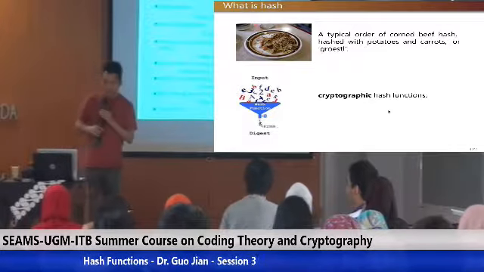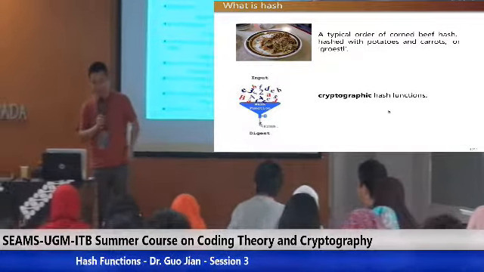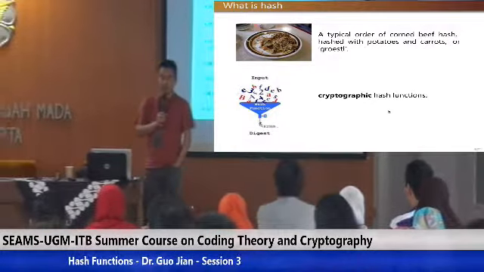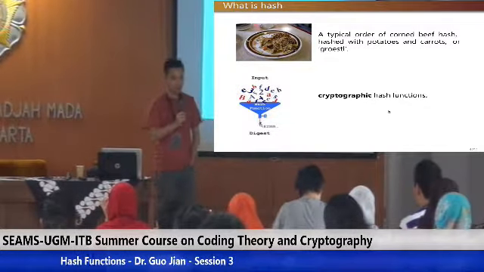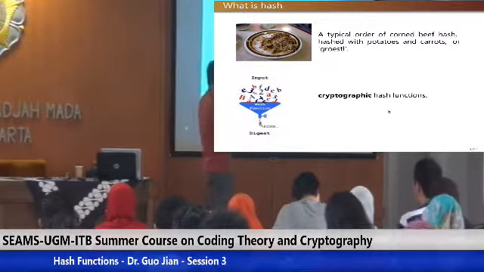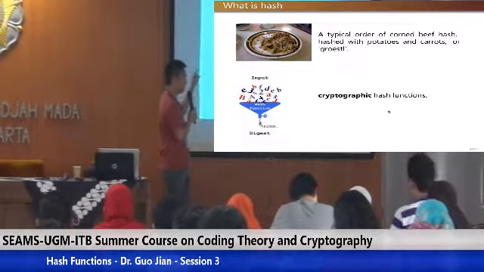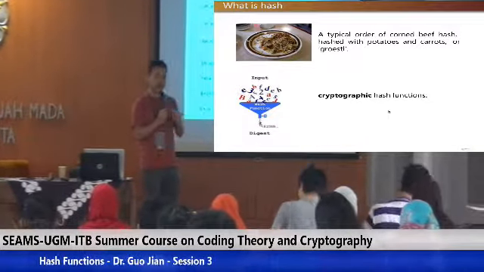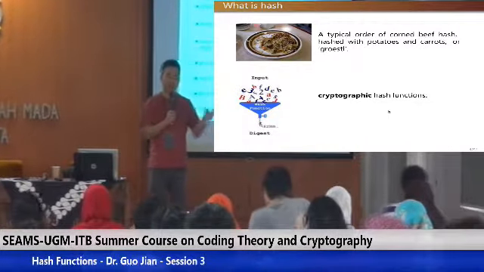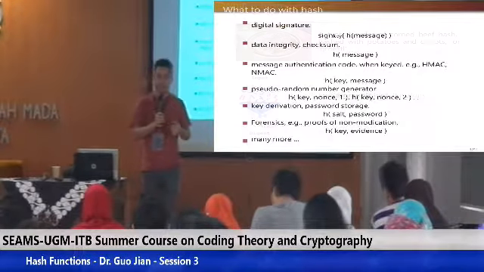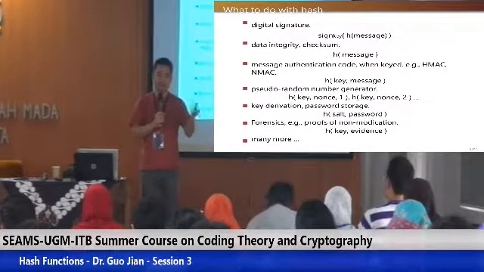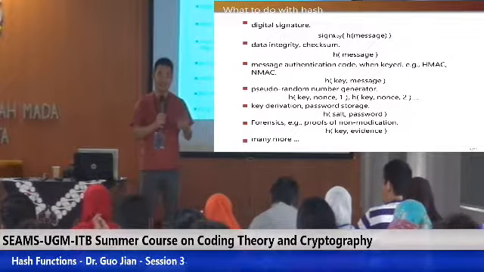It has many functionalities, like digital signature. For digital signature, what we do is we hash a message and sign the digest instead of the message itself, because for most of the signature protocols, it accepts the input of fixed length.